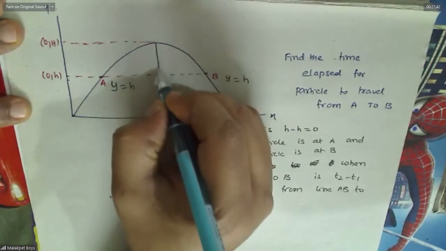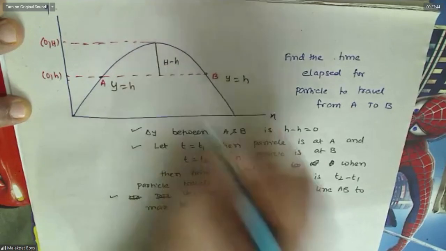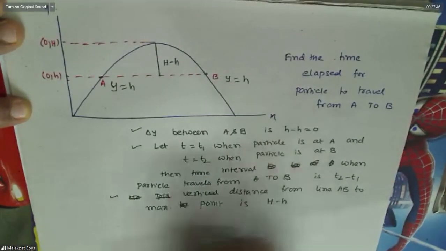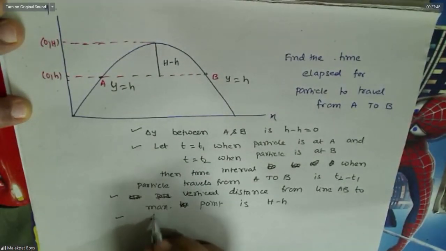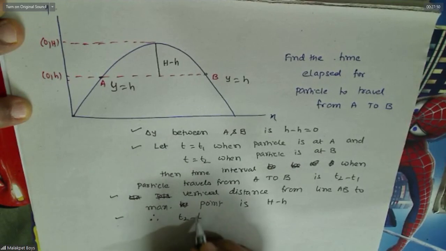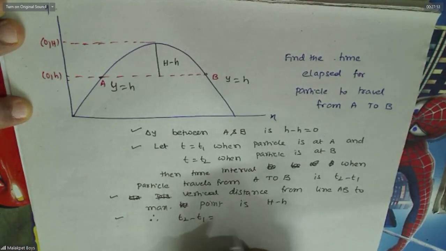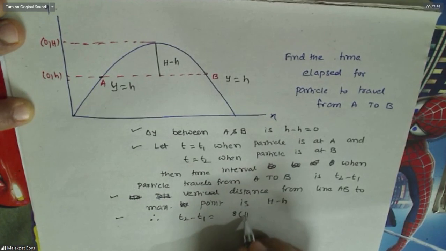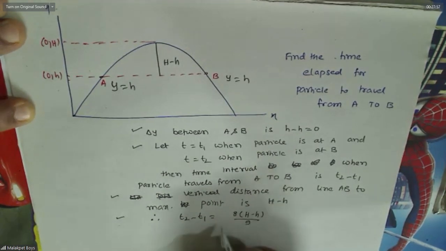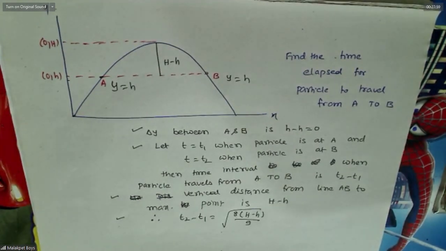Capital H minus small h. Therefore, this time interval is nothing but this, what you wrote now previously. No problem.